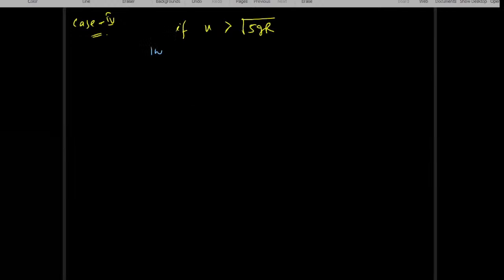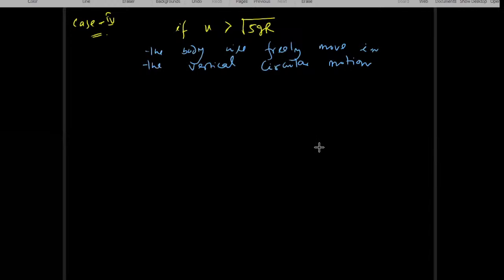The body will freely move in the vertical circular motion and n will never be 0 in this case.